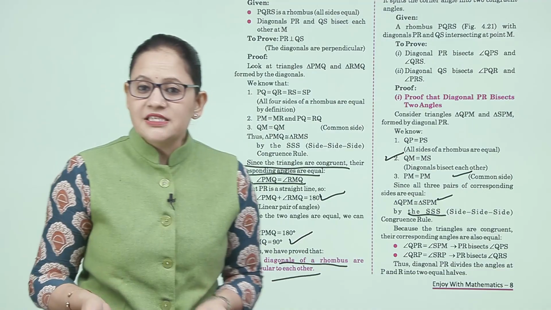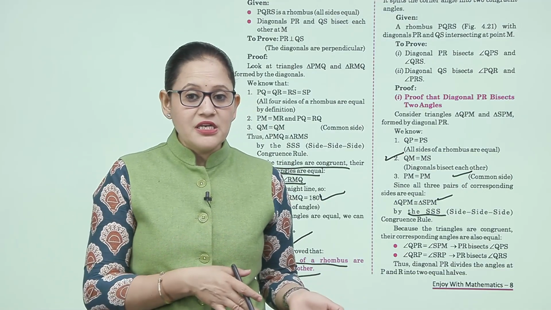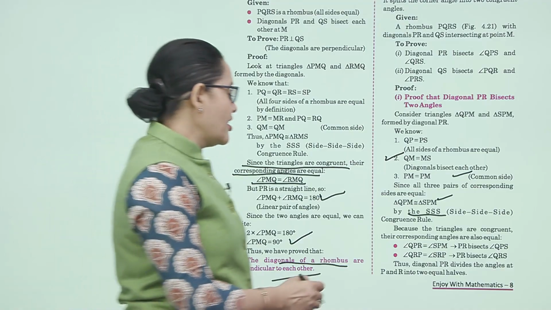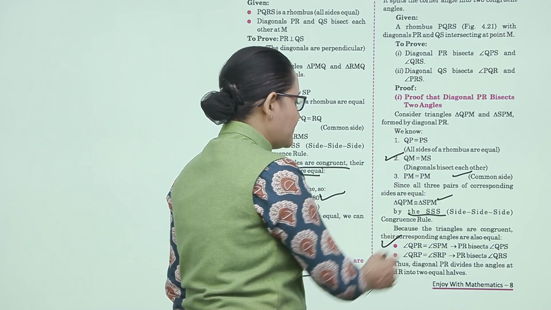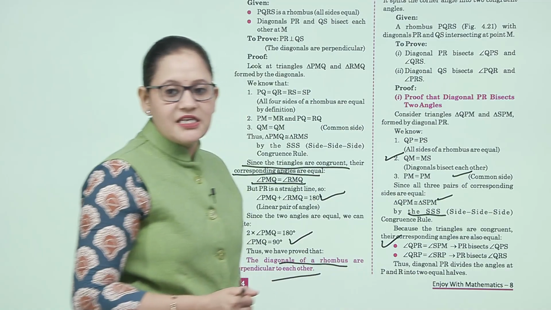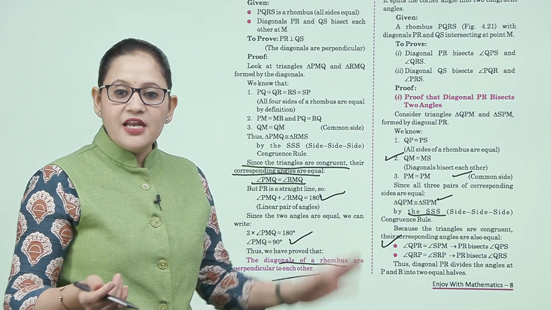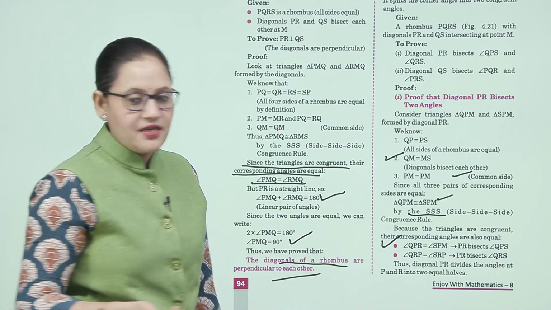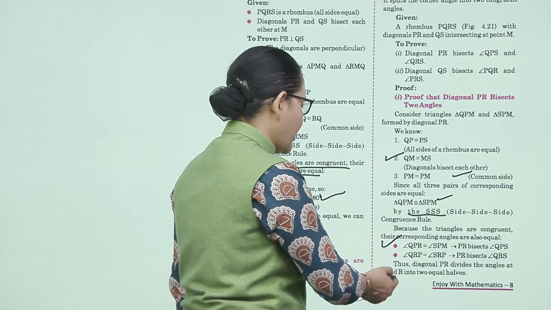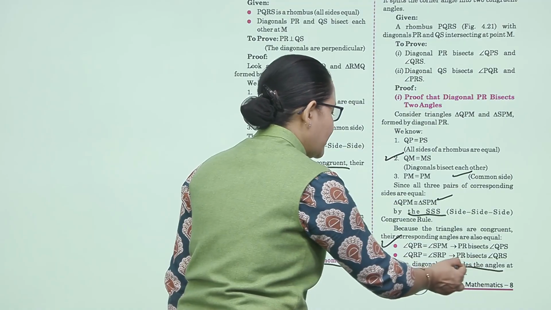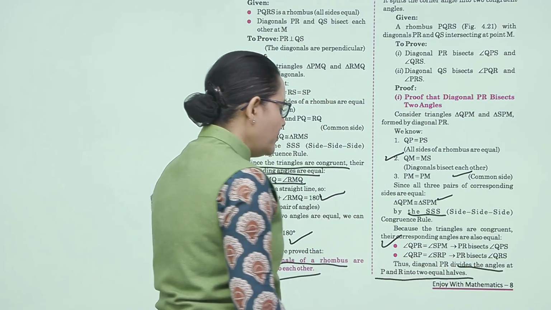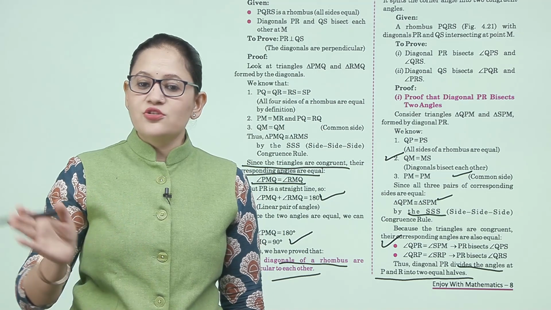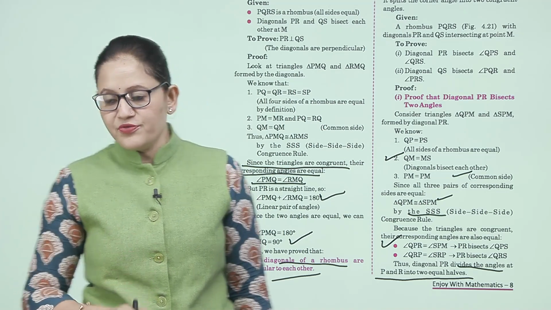Because the triangles are congruent, their corresponding angles are also equal. That means angle QPM equals angle SPM, so PR bisects angle QPS, and angle QRP equals angle SRP, so PR bisects angle QRS. Thus, the diagonal PR divides the angles at P and R into two equal halves. That we have proved here.